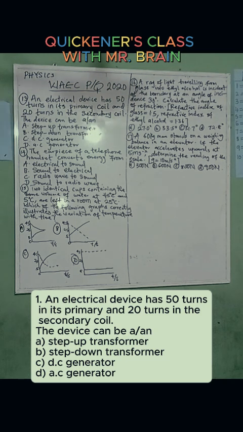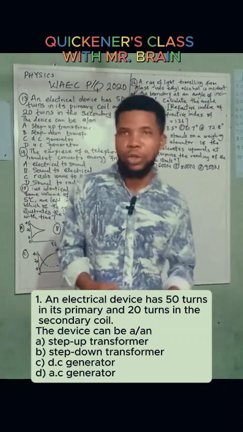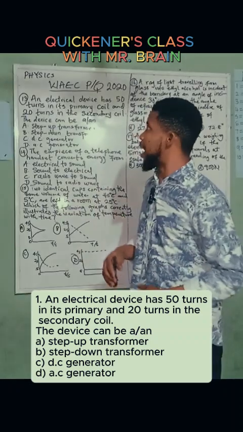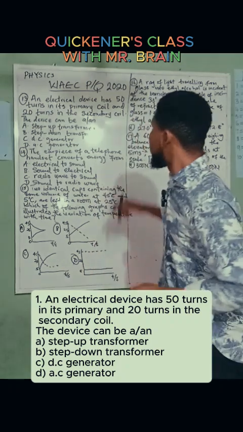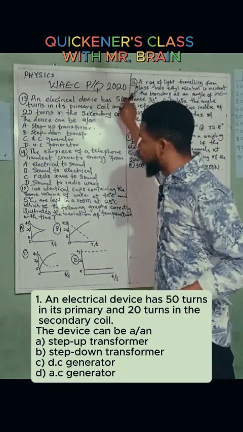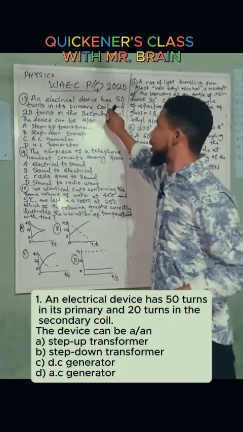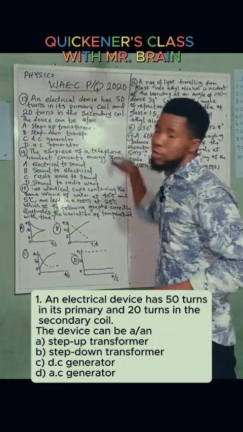The device can be a step-up transformer, step-down transformer, DC generator, or AC generator. Now if you look at that question, you can see we have a device that has 50 turns in the primary coil and 20 turns in the secondary coil.